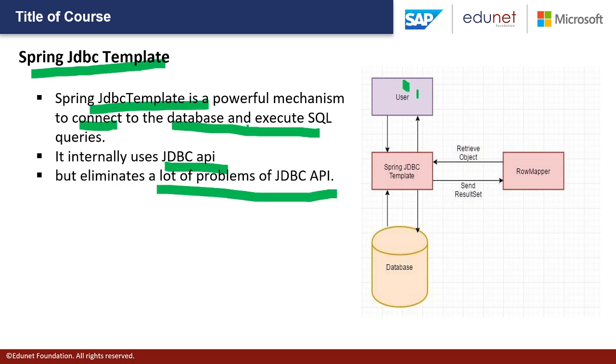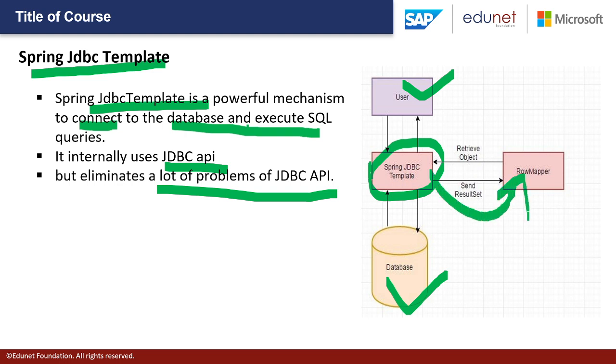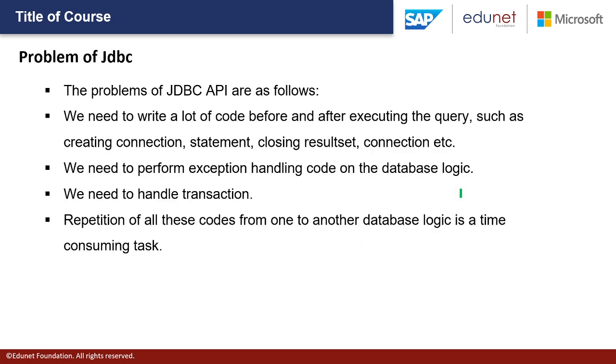Okay, so here is a user and a database, and this is the Spring JDBC template, which interacts with the row mapper to retrieve and send the result set. So what are the problems here? We have certain problems using JDBC.